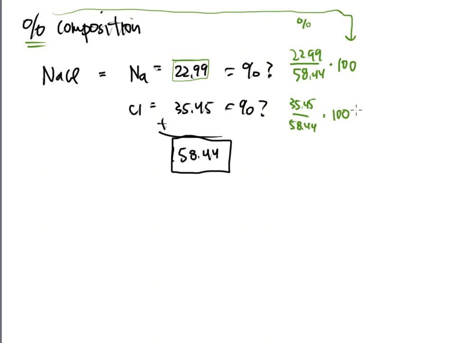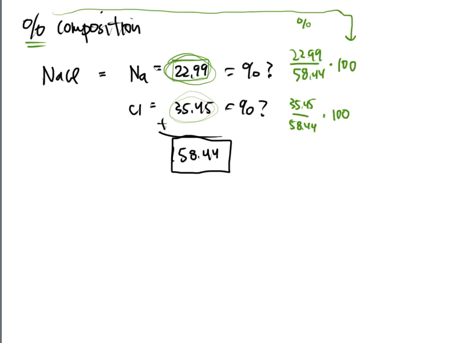So if you can get formula weight, this next step is pretty easy, right? You just take piece of the whole. That's all that we've done. What piece of sodium is related to the whole, and what piece of chlorine is related to the whole formula weight.